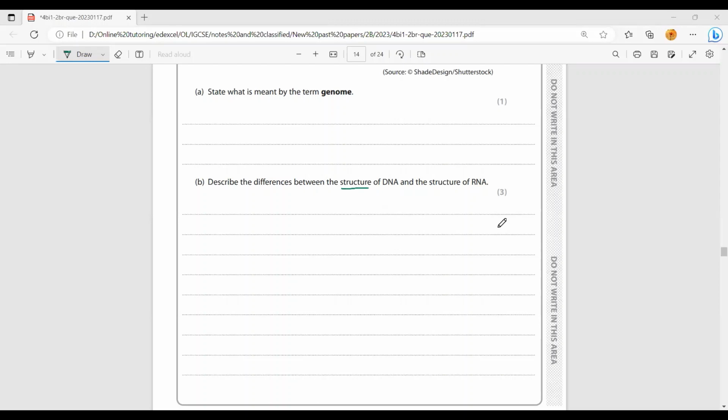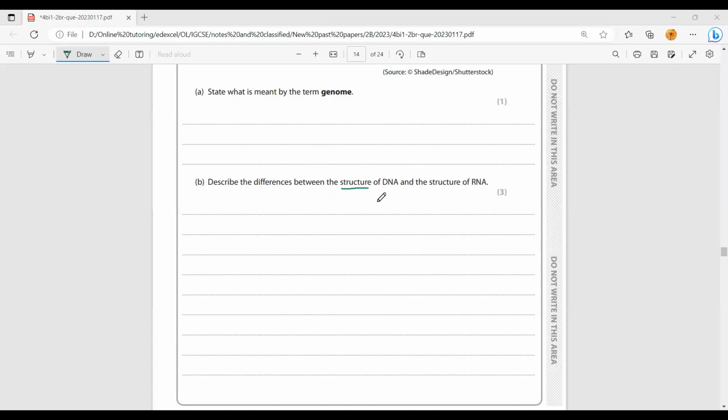It's better here to say DNA, one second. Salma, can you hear me? Yes. You said that DNA has a double helix but RNA has a single strand. No, don't make the comparison like that. DNA is double stranded in the form of a double helix, but RNA is single stranded.